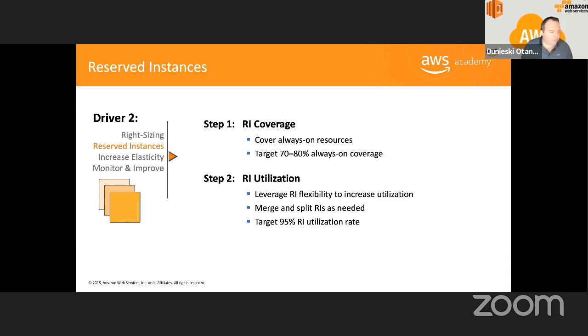You have some regional benefits, and consolidated billing. You can merge and split RIs as needed. You can target a 95% utilization rate. Don't forget that with convertible, you can change the instance type or the capacity of that instance within the reserved period. That's what it means.